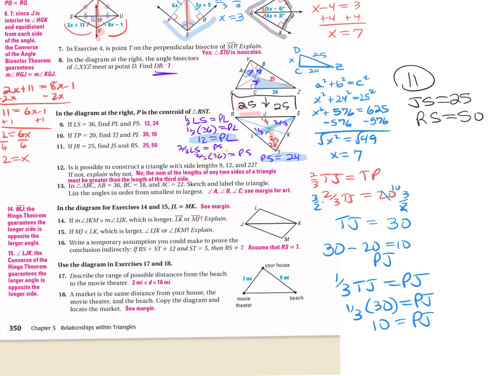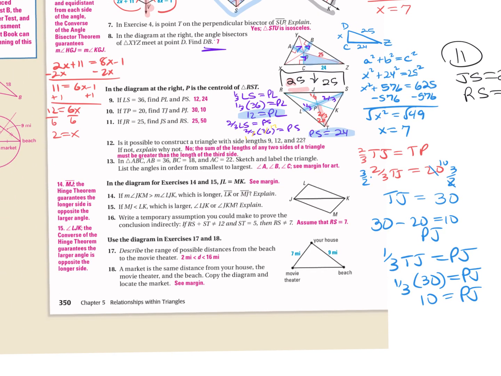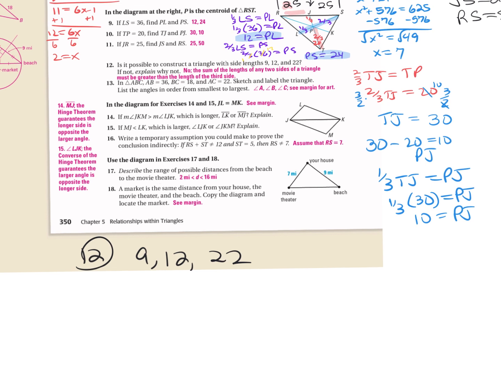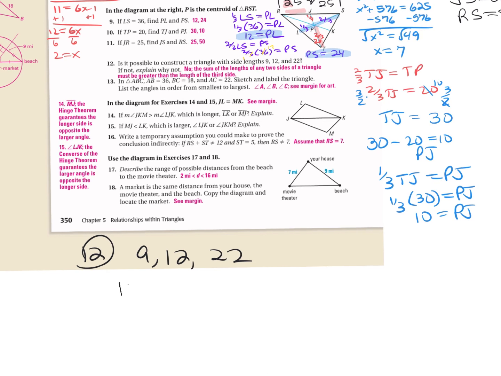Then number 12, it says, is it possible to construct a triangle with side lengths 9, 12, and 22? If not, explain why not. So remember, on this one, all you need to do is take the two smaller numbers and add and subtract them. So you could do 12 minus 9 and get 3, and then 9 plus 12 and get 21.